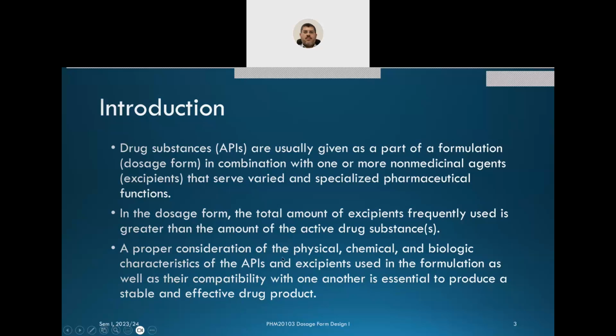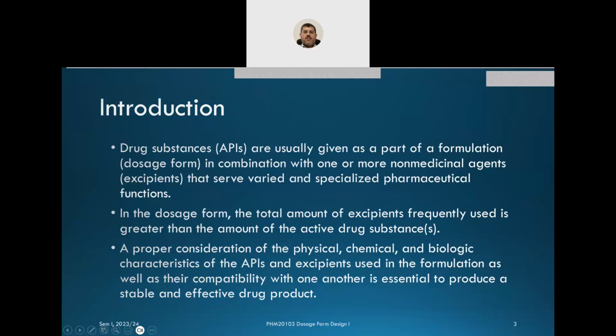When you talk about physical, chemical, and biological characteristics of API and excipients, for example, biological characteristics, you want to produce sterile or non-sterile dosage form. So if you produce a sterile dosage form like injections, then the excipients that you will use in the formulation and the API as well should be sterile. Non-sterile, then there should be a microbial test and they should conform to the test. It should not exceed the accepted microbial limit.